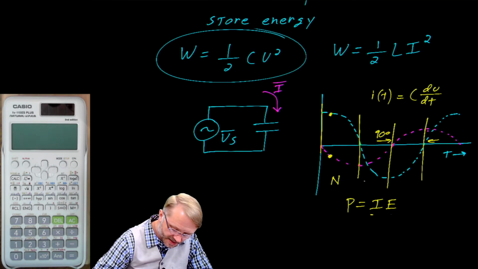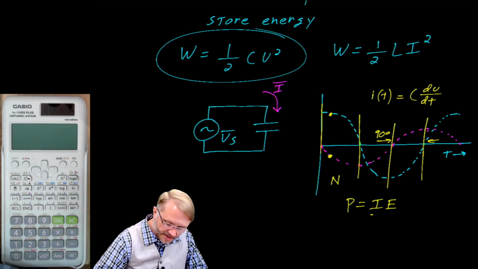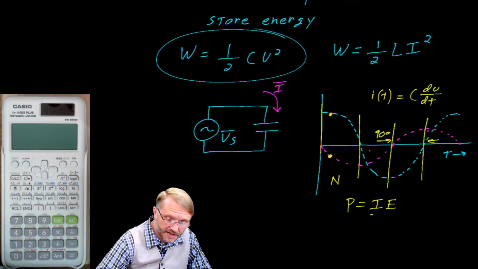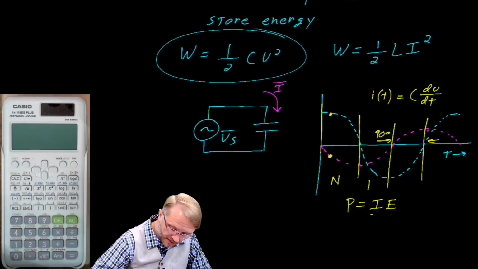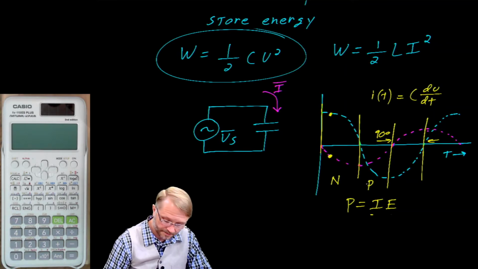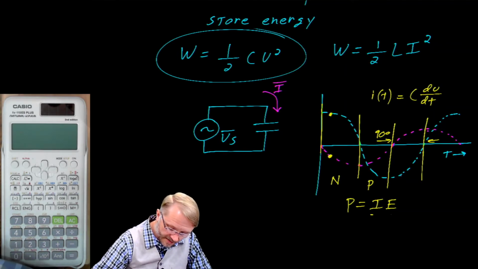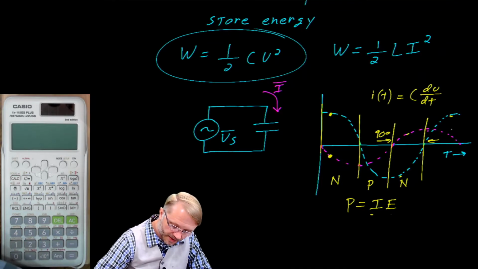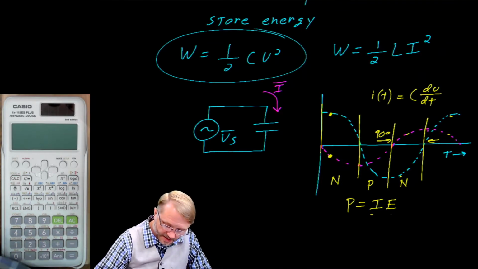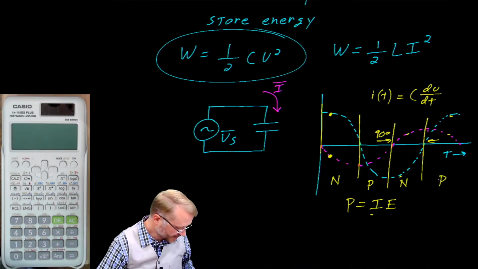In this piece here, we have negative voltage, negative current, so the power will have a positive sign. Moving on, we have negative voltage but positive current, which means we're back to negative power. And here we have power that is positive.